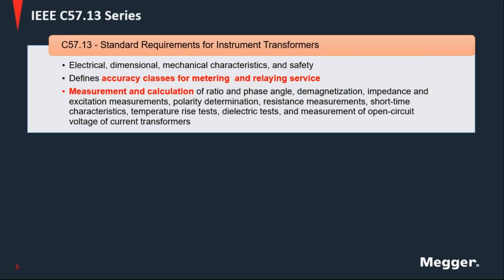Some of these tests are mainly for factory purposes, for type testing or routine testing, but there are also tests that apply for field testing. Those are basically ratio and phase angle, demagnetization, impedance and excitation measurements, polarity of the terminals, and resistance measurements. Those are the ones we are going to talk about in this presentation.